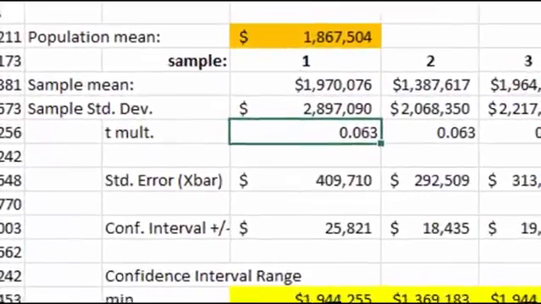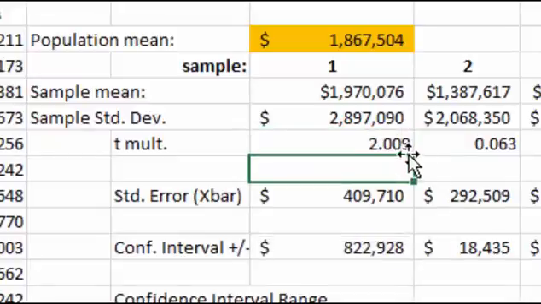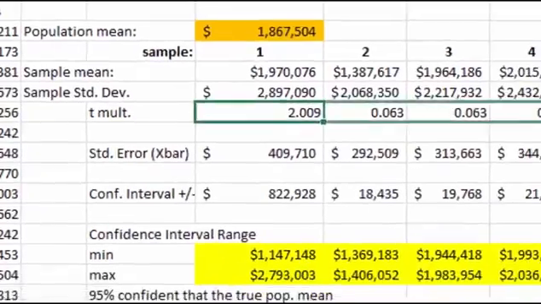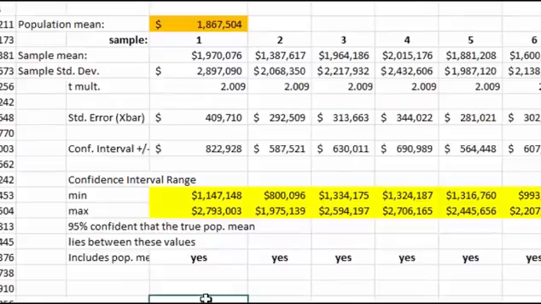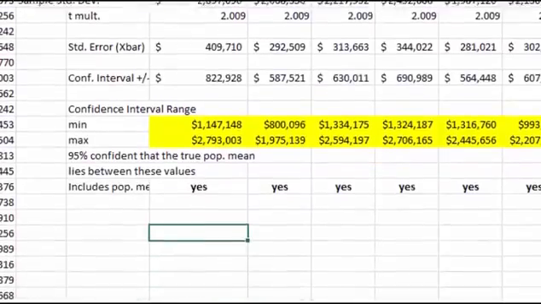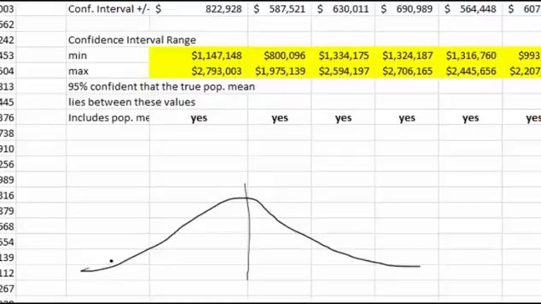What I forgot to do was take 1 minus the probability we're trying to capture. So I should actually take 0.05 in that t inverse rather than 95%. If I do that, my t multiple is somewhat close to 2, which is about the same as it would be in a normal distribution. Let me show you the mistake I was making so we can all learn from this. Here's a t distribution, and if I want to capture 95% between these boundaries, I have to exclude 5%.